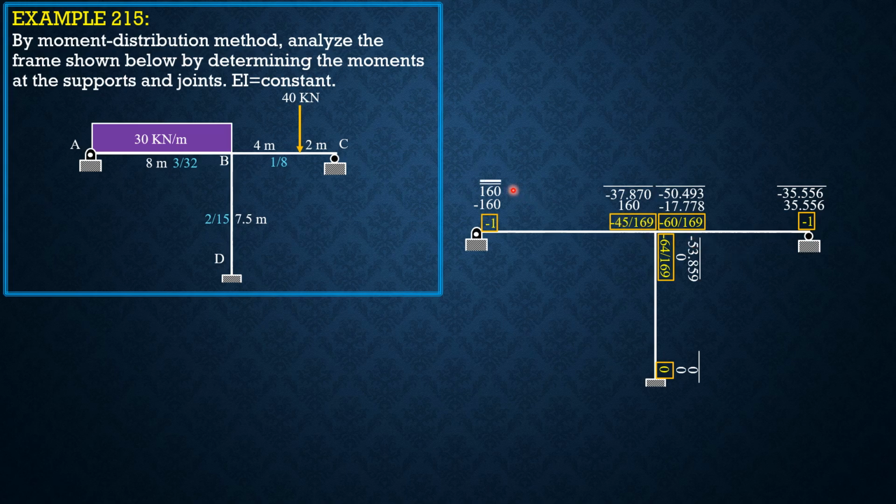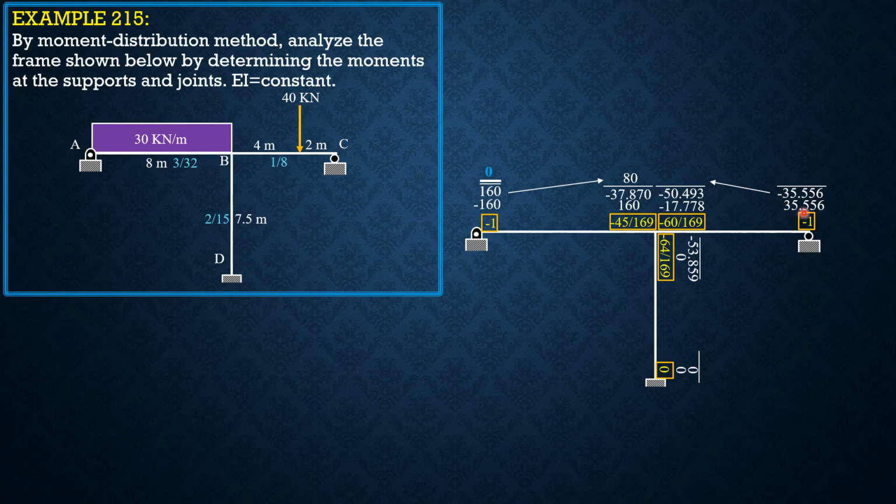Then carry over. Before that, we lock this finally. Anyway, the moment at A is 0. But we don't need to carry over half of 37.87 anymore because this is already balanced, 0. Then half of 160 in that, is 80.